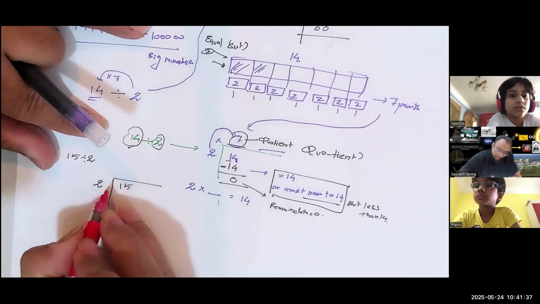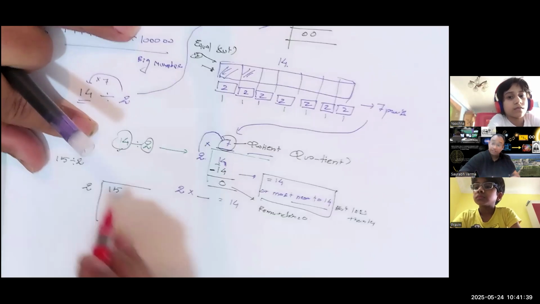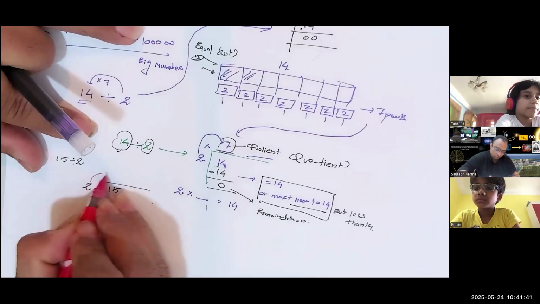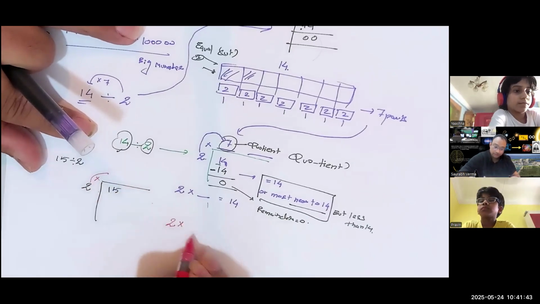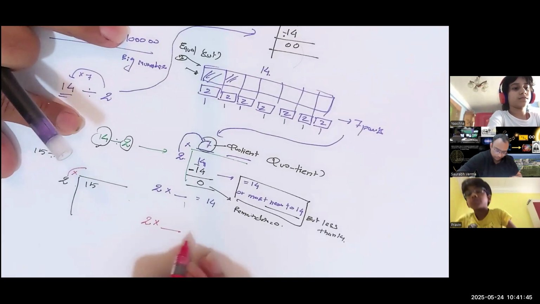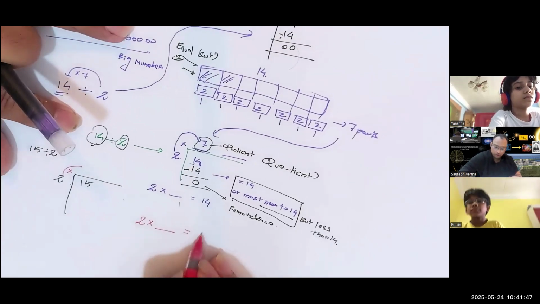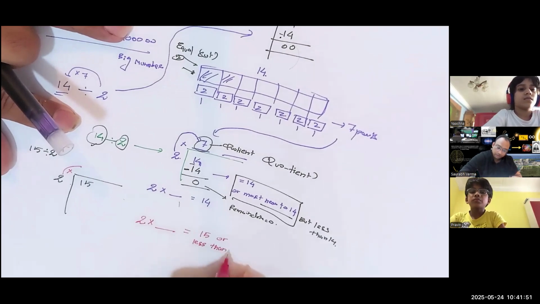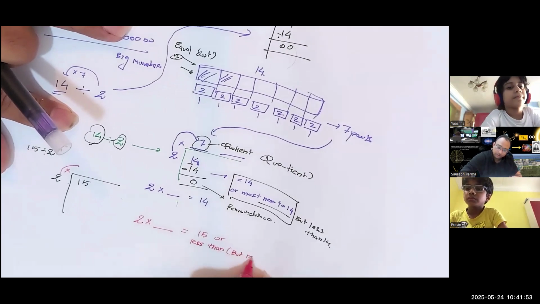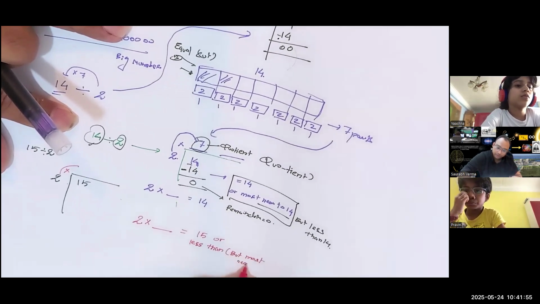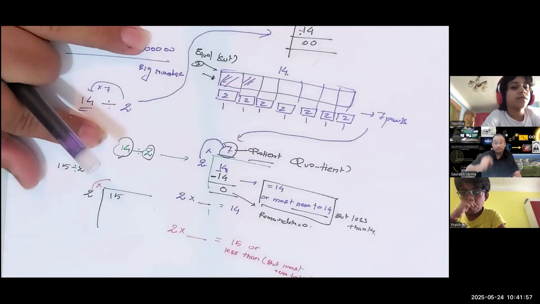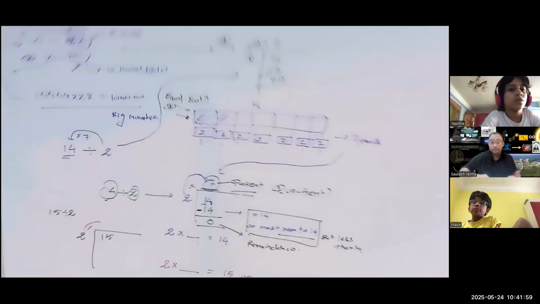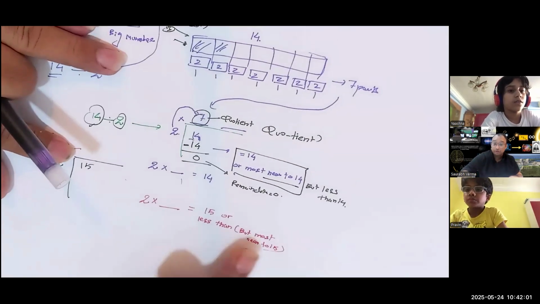Now over here, what I told? 2 multiplied by something that is equal to 15 or less than 15, but most near to 15. Understood?